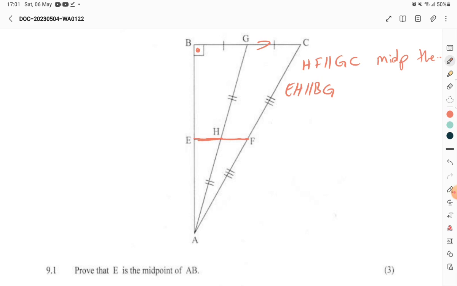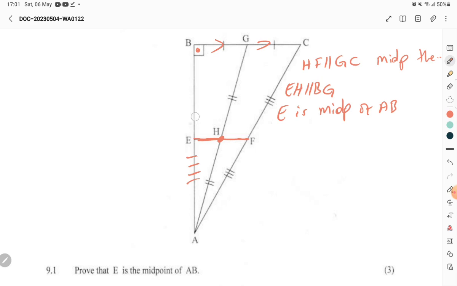Now, if that is the case, we can tell that E is actually the midpoint of AB. And the reason for that, this is the converse now, because we are given that this line is parallel to this line, and this H is the midpoint of the second line, so it has to also bisect this other line over there, right?